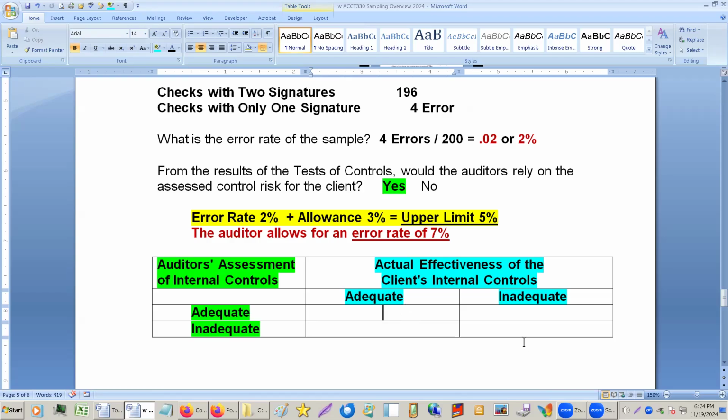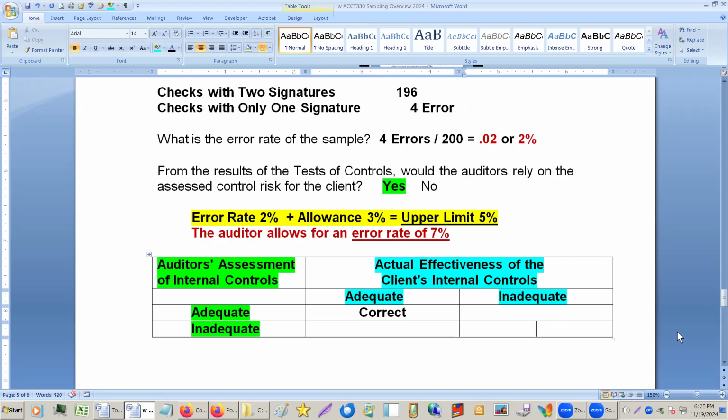So let's take the easy ones first. So suppose we assess internal control as being adequate, and actually they are adequate. So this would be the correct assumption here. We thought they were adequate, and they are, so we can rely on the controls, and there's nothing wrong with that. We thought they were adequate, and they actually are.